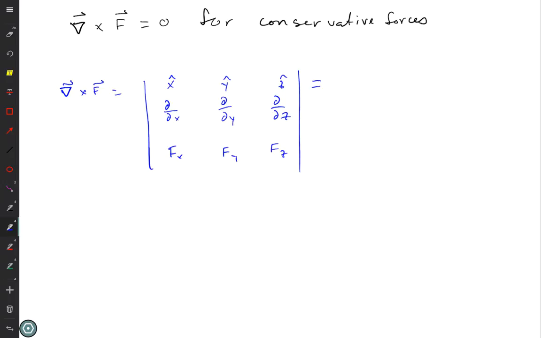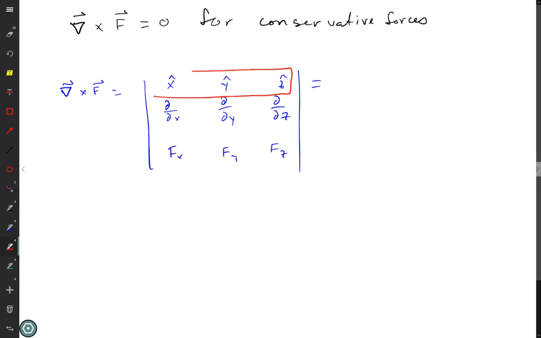So let's do it. I'm going to take that row, and I'm going to start with x hat. The Levi-Civita symbol all it does is alternate sign.